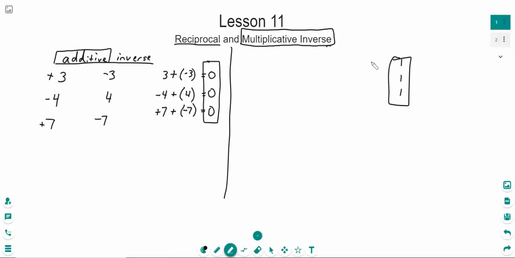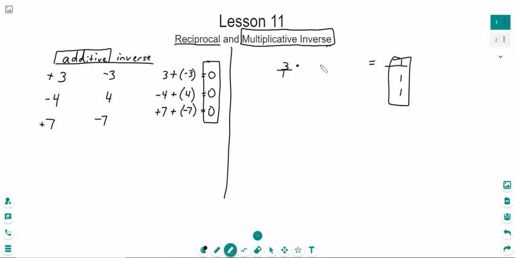All right. So if we have the number 3 again, and we want to multiply this by some number to get to this 1, how could we do that? Well, the answer is to think of this 3 in terms of a fraction. How would we write 3 as a fraction? Maybe you recall it's 3 over 1. We're going to multiply this by something known as the reciprocal of the fraction.